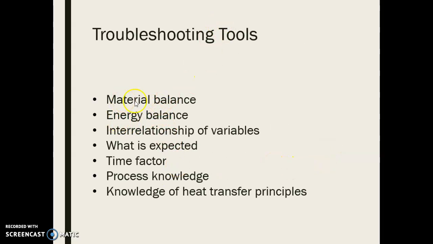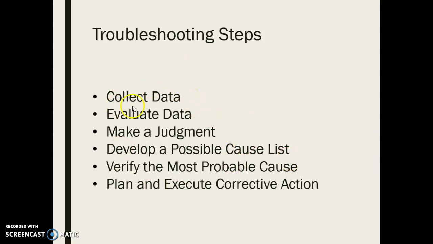Our tools are material balances, energy balances, interrelationship of variables, what's expected, the time factor, process knowledge, and knowledge of heat transfer principles. Then we troubleshoot through these steps. We collect all the data that we see in front of us. We evaluate that data. We then decide whether or not we have a problem by making a judgment.